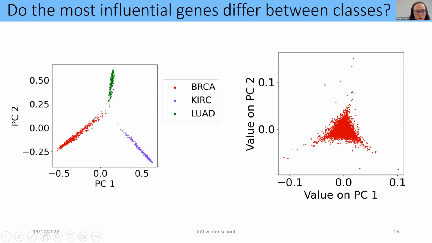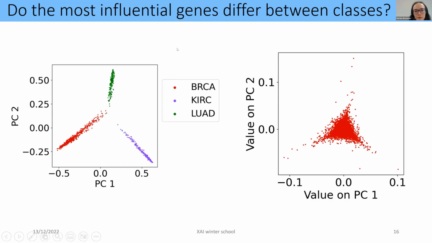And we tried to see if these genes have high average values for the classes. If they do, it means that the most important genes for the class are also the ones that enable us to discriminate the classes.